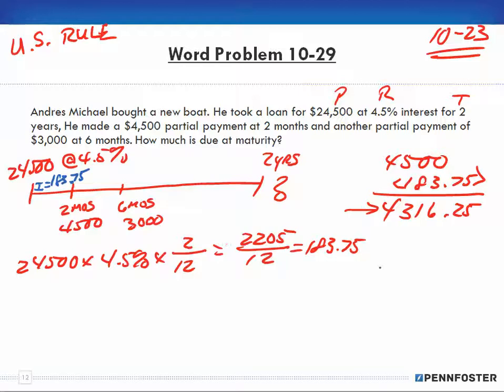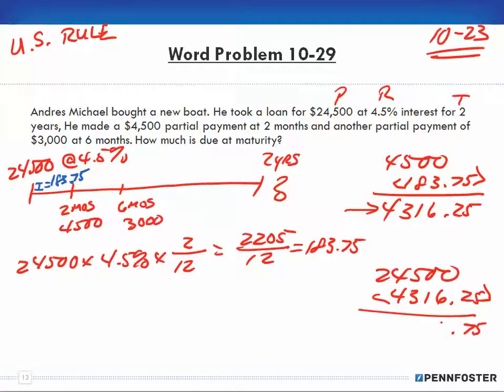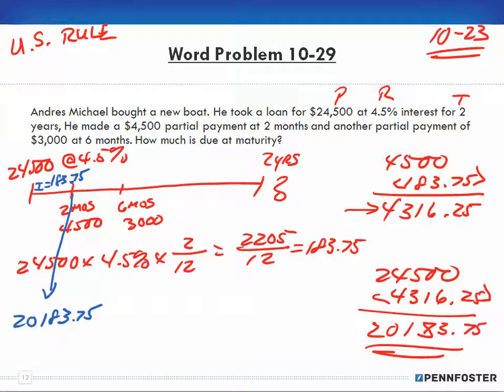At the end of 2 months, I have my beginning balance of 24,500, and I subtract out the amount that goes against the principal, and that gives me a new adjusted balance of 20,183.75, because the amount that was being applied against the principal in this period of time is 4316.25.